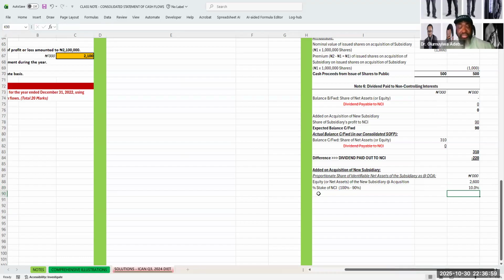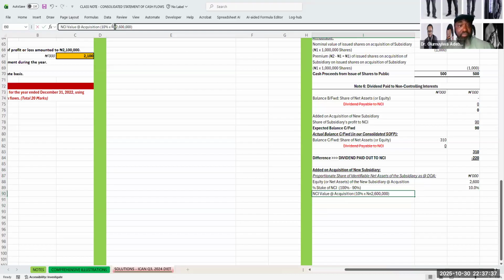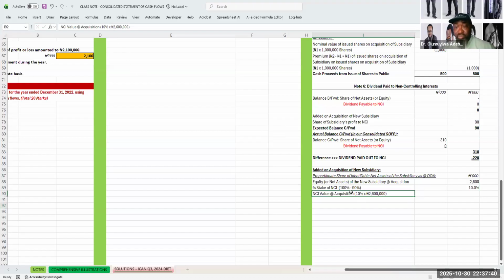The question then is, the proportionate share NCI value at acquisition is 10% of 2.6 million. And that is what? And that's 260.